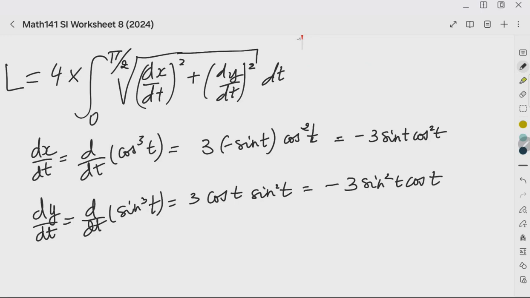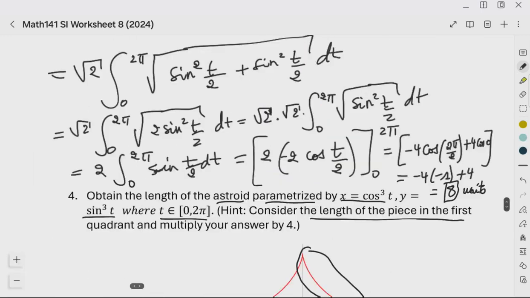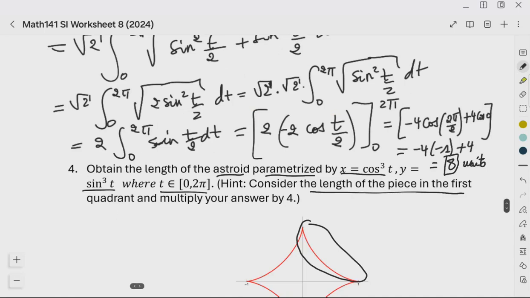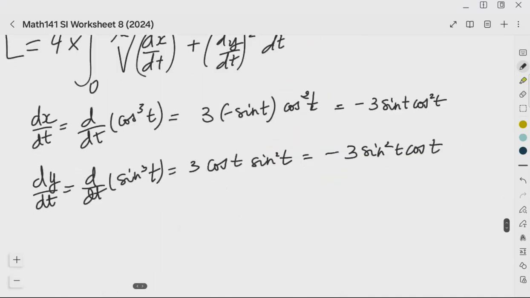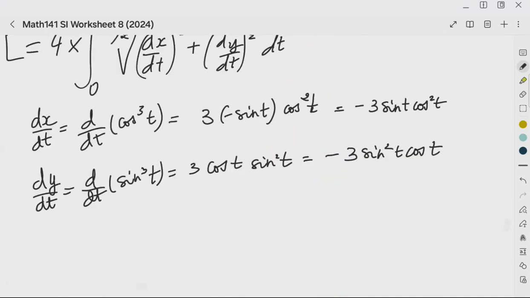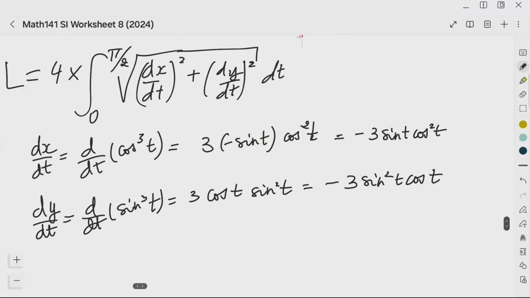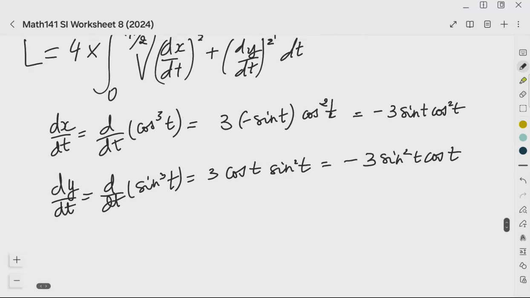We have our dx, we have our dy. Now we substitute that into the square root. Okay, so what does that give us? There's no minus here, just 3.